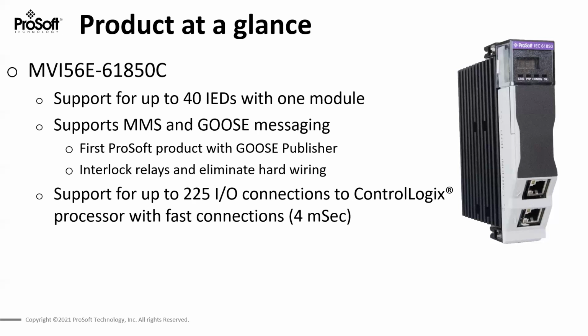But this module is one of the most powerful modules within the ControlLogix backplane, and really provides a ton of communication data. Just to put it in reference, our old gateway module supported 20 I/O connections. So this module supports 10 times the amount of data that we had previously.